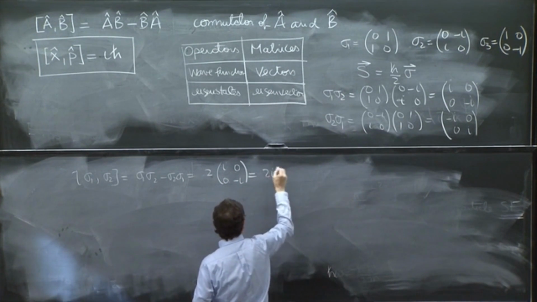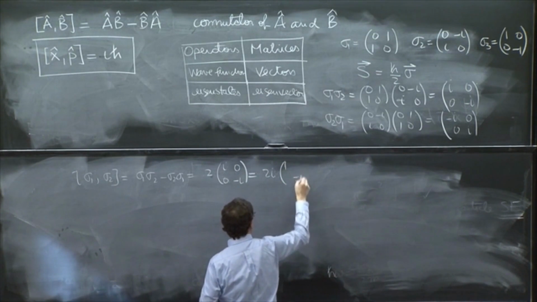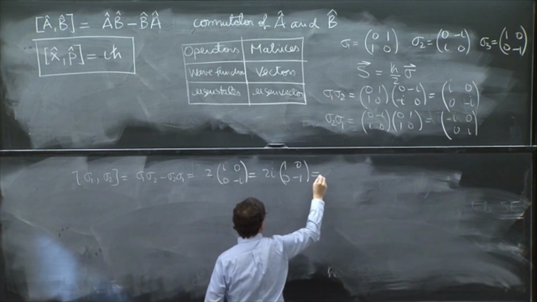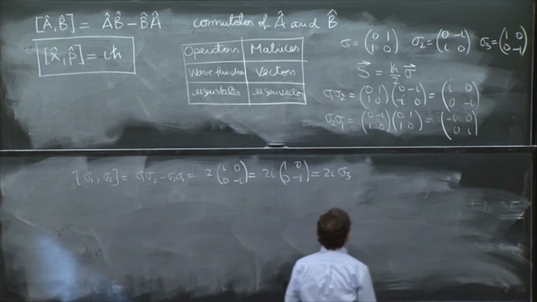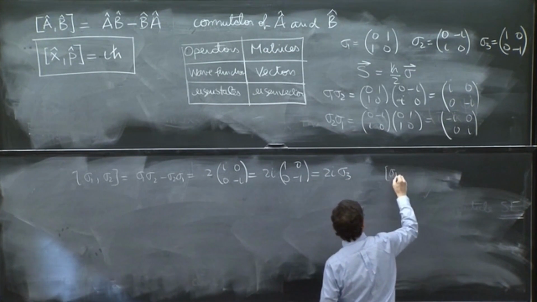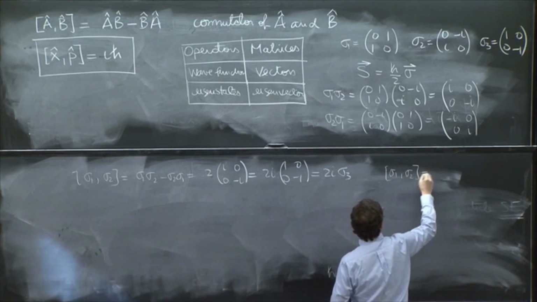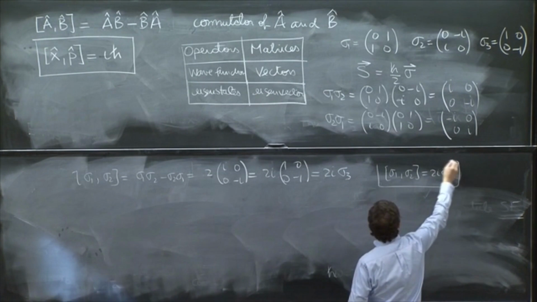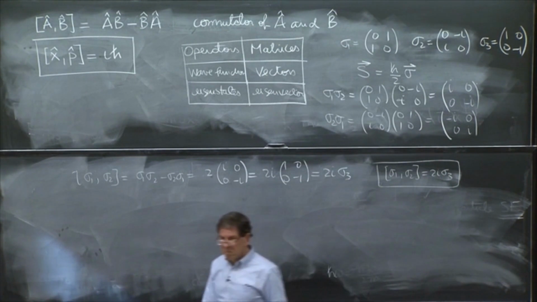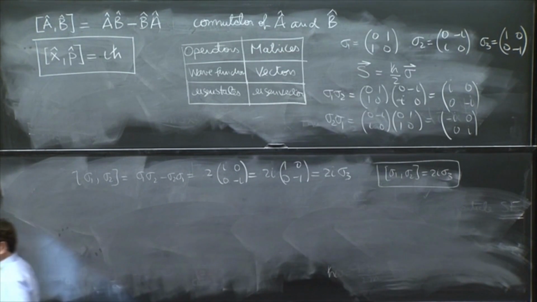And this is 2i times 1, 0, 0, minus 1. And that happens to be the sigma 3 matrix. So the commutator of sigma 1 and sigma 2 is equal to 2i sigma 3. These matrices talk to each other.